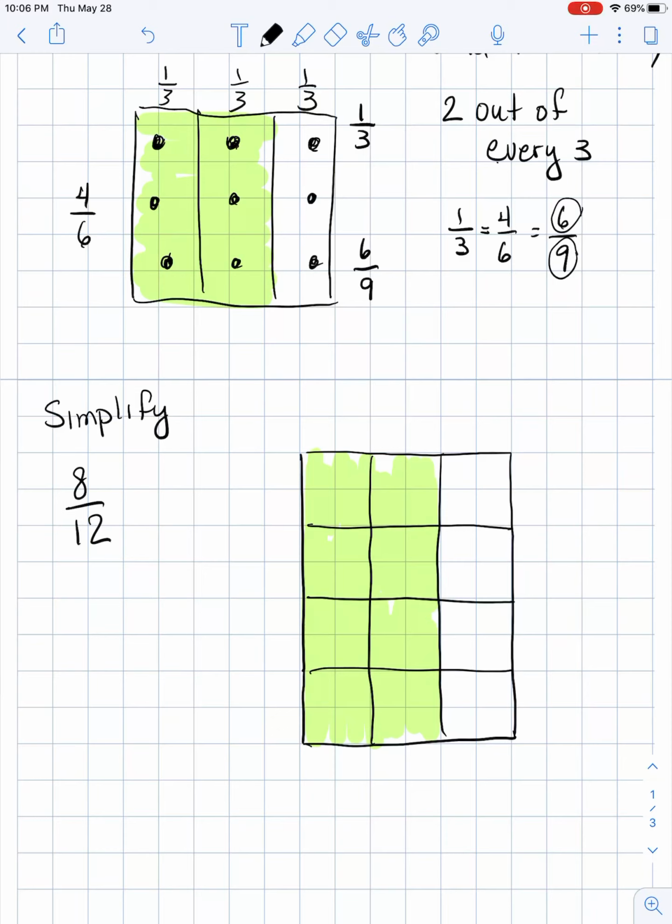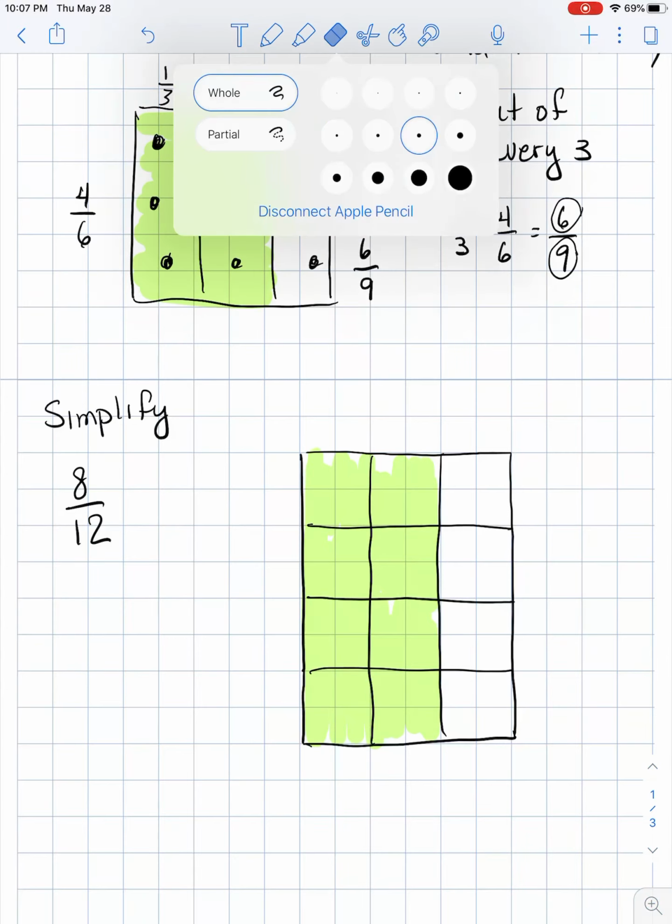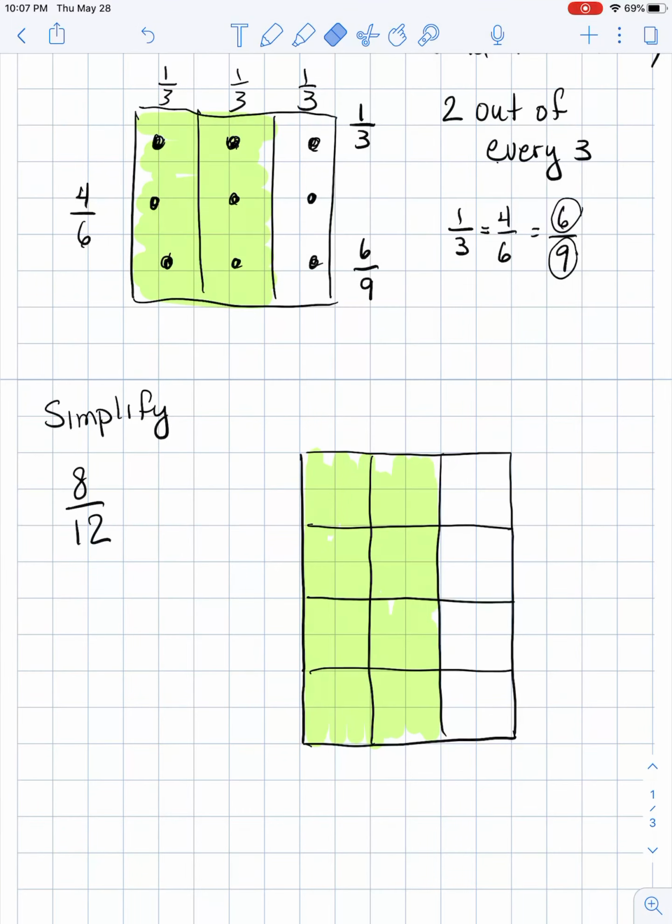So in this model, I have shaded 8 out of 12, or 8/12 of this whole thing, right? There are a total of 12 equal pieces. I've shaded 8. Now, when we want to simplify fractions, I'm going to try to do this without doing too much damage. All right, look at that. So what did I do?